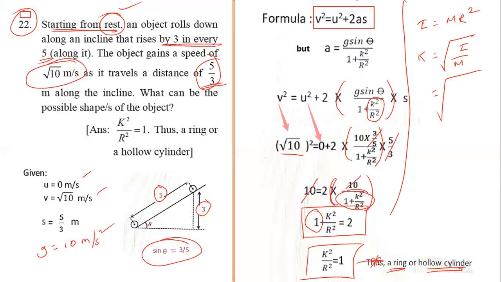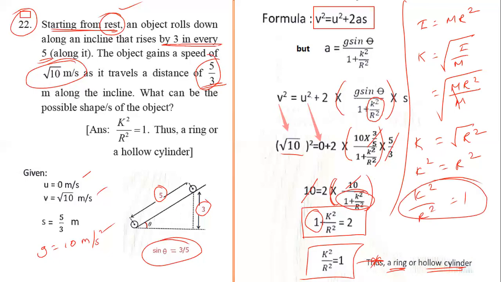So we can substitute mr square by m. So k is equal to root r square. So squaring both sides, k square is equal to r square. So k square by r square is equal to 1 for a ring. So therefore this object is a ring.